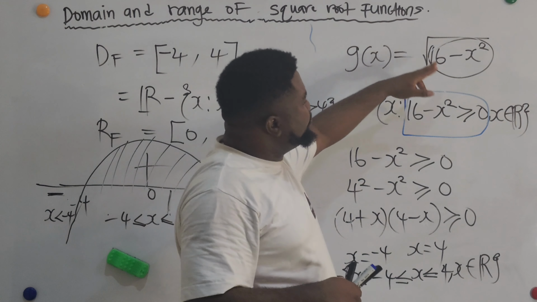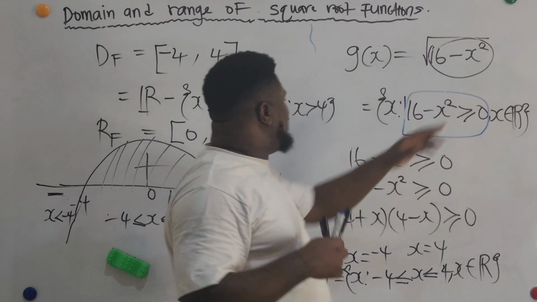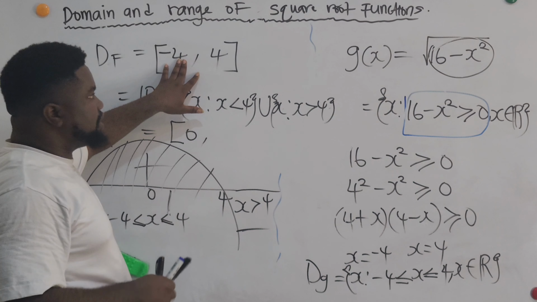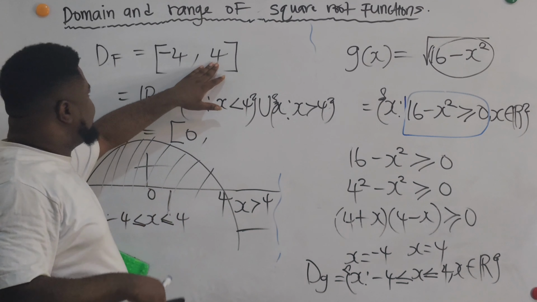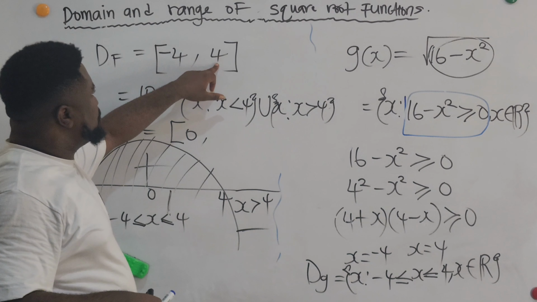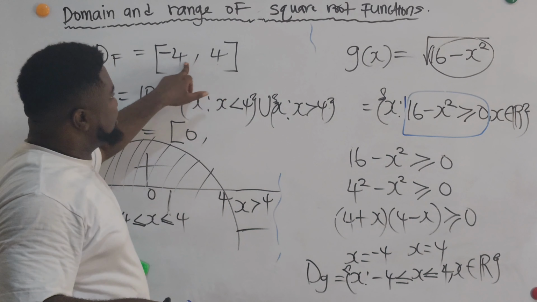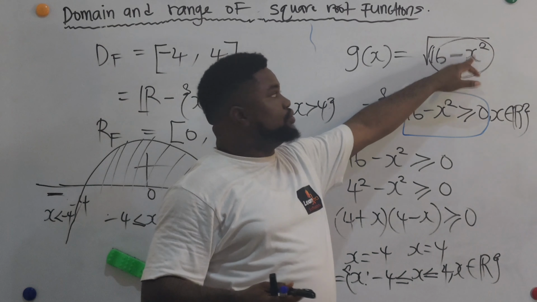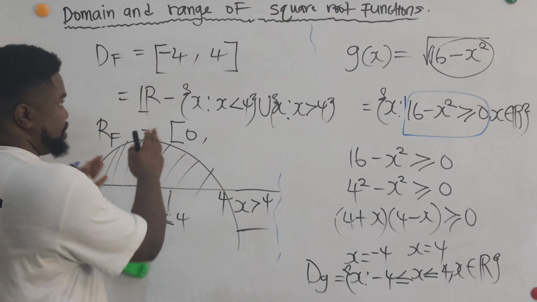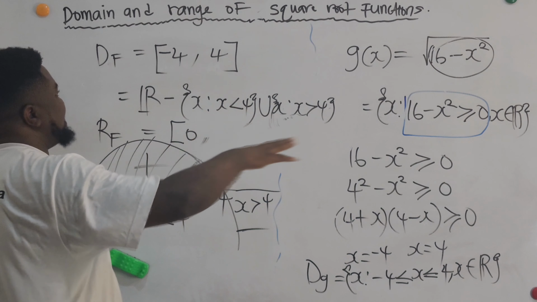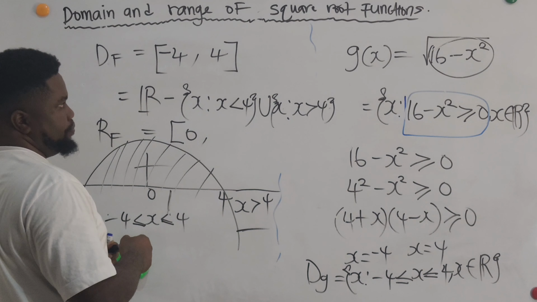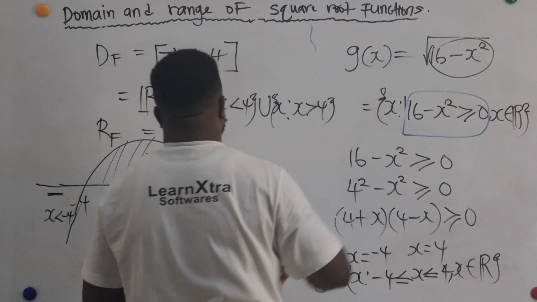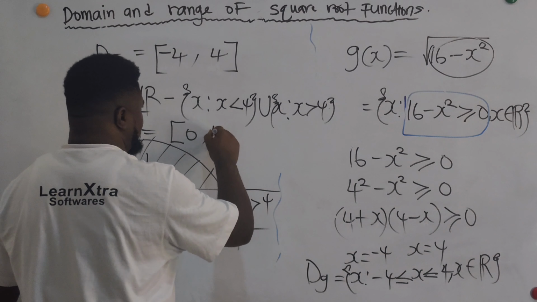Because when we put a number from our domain, which is -4 to 4, the highest number we can put into the function is 4, and the lowest is -4. These two endpoints, when we put them inside, we'll have 4 squared, that is 16 minus 16, that's 0, and root of 0 is 0. So we will start from 0. As we are going, we can never go above 4, because the highest output is when x is 0, and that is root 16, which is 4.